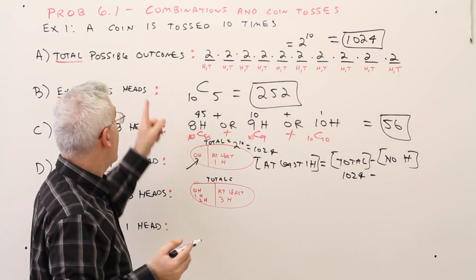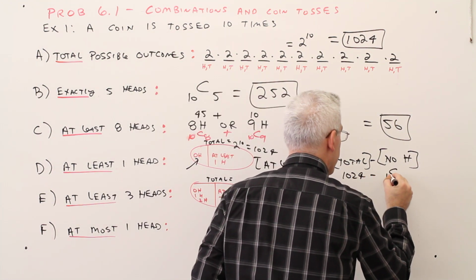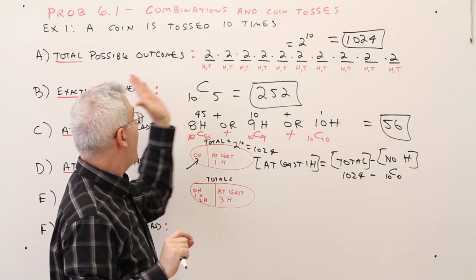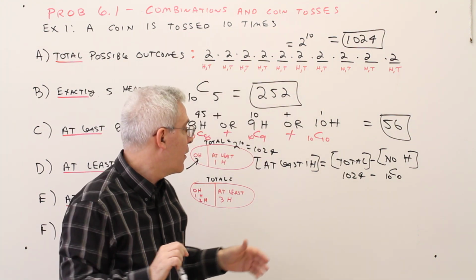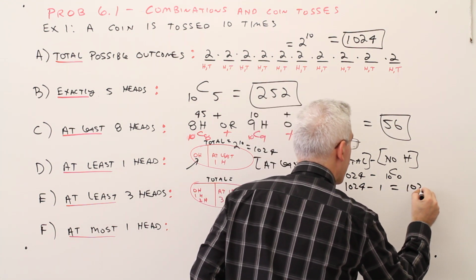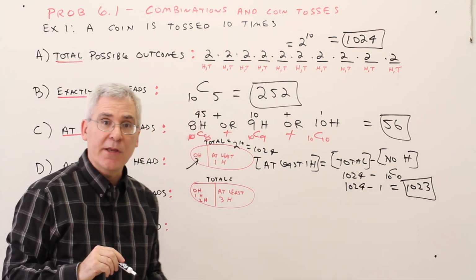No heads would be, out of the 10 slots, choose 0. And of course, you should know there's only one way for that to happen: to have everything be tails. So it's going to be 1,024 minus 1 equals 1,023. And that's the answer for part D.